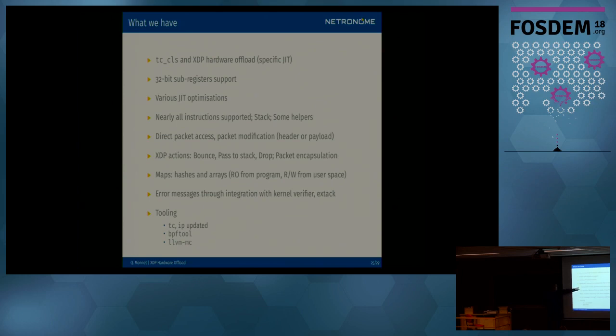We can access the packet contents directly, so read and write packet data or packet headers. We have several XDP actions supported, so we can send the packet back to the port it came from. We can pass it to the stack, so to the host from the NIC. We can drop the packets. We can create new headers to encapsulate those packets.